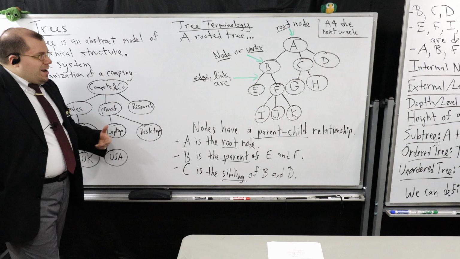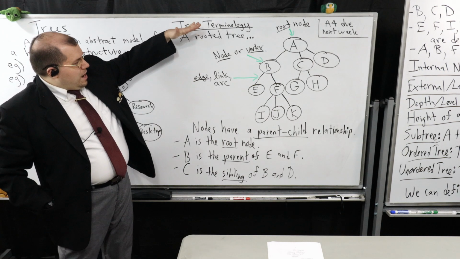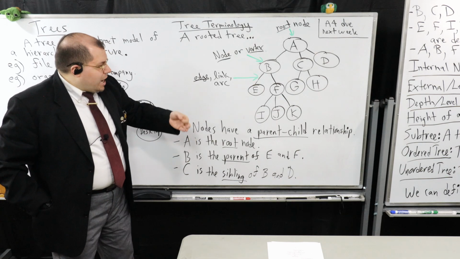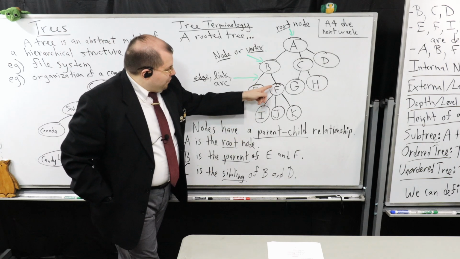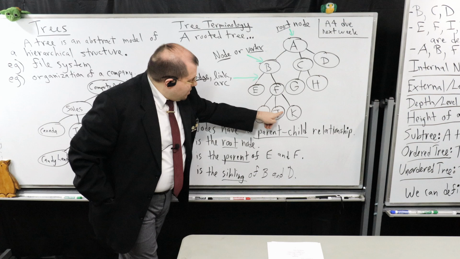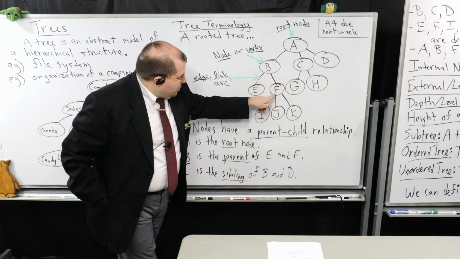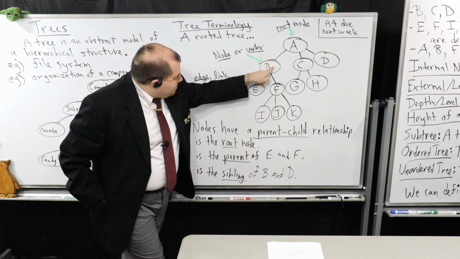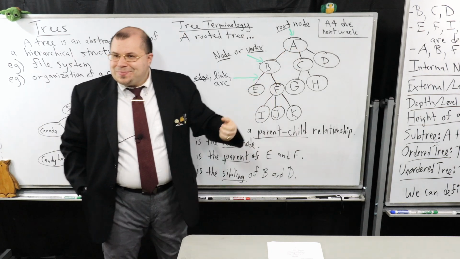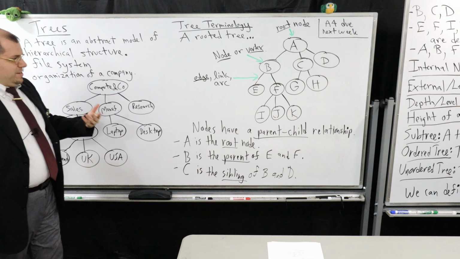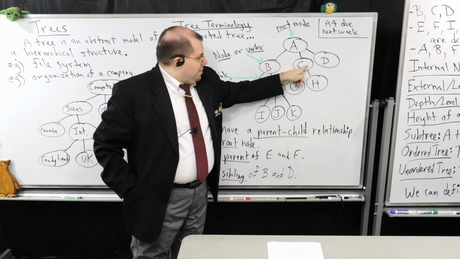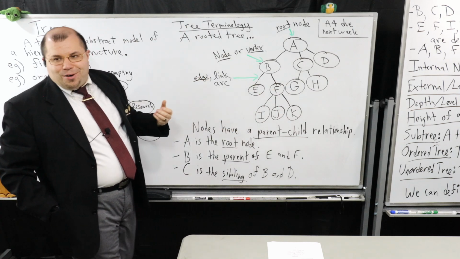So far we think about it like a hierarchy where nodes have a parent-child relationship. For example, if I look at this node, this is its parent. If I look at this node, its parent is B. And if I look at this node, its parent is A. Likewise, reciprocally, if I look at this node, its children are these three nodes, and so on.